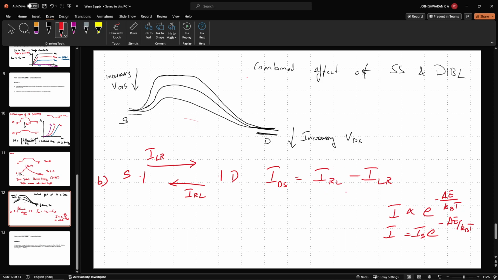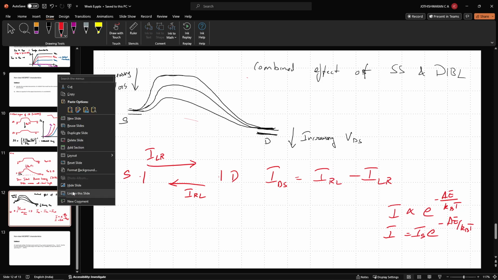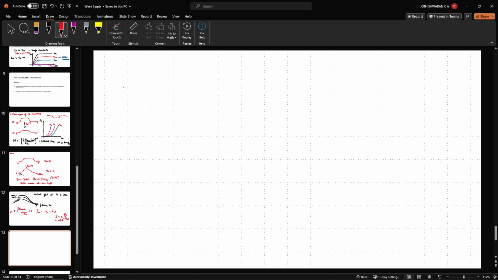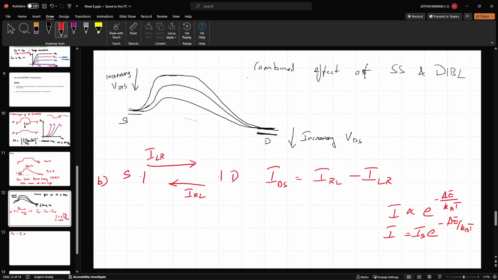All right. So what we can do is we can simply write. So now let me move to the next slide. So I can write ILR, left to right, to be IS times e to the power. Did I write minus here? Oh no, it is e to the power plus. I'm sorry.